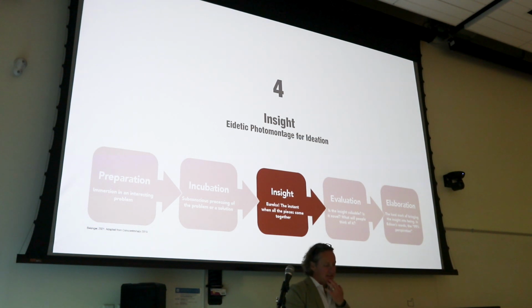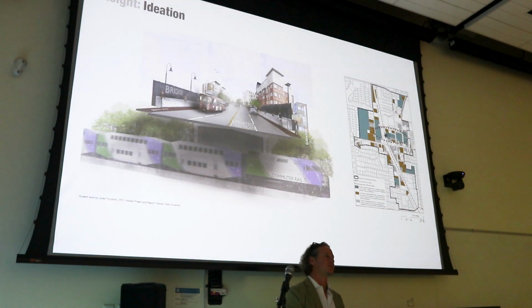The third stage, insight, is the moment where all the pieces begin to come together, or at least we start to form ideas. I encourage my students to start creating in studio classes, in this case a master's project, to start experimenting with eidetic photomontage very early in the process, before they even know what they're designing, perhaps.